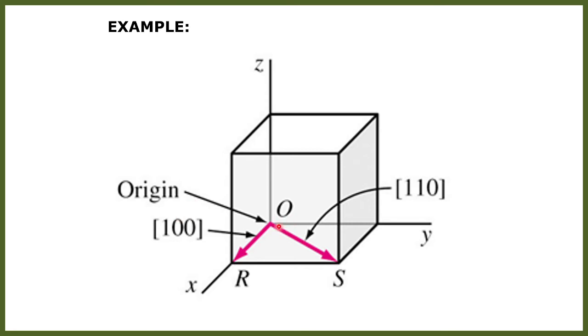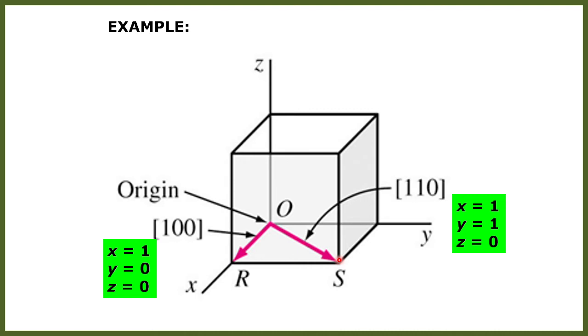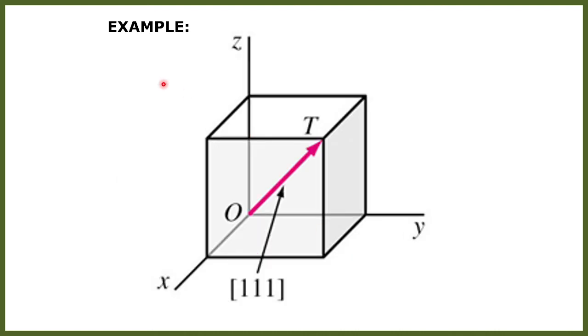For S, the vector is 1 for x and 1 for y, and 0 for z. Then the direction is 1, 1, 0. For this line, 1 vector for x, 1 for y, and 1 for z. So the direction is 1, 1, 1.